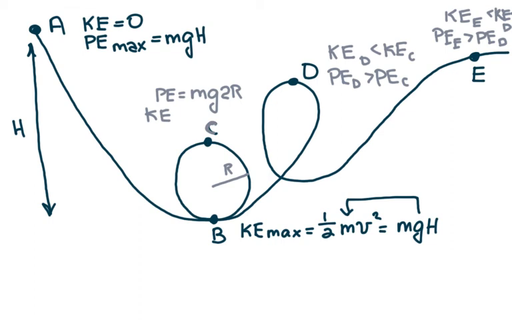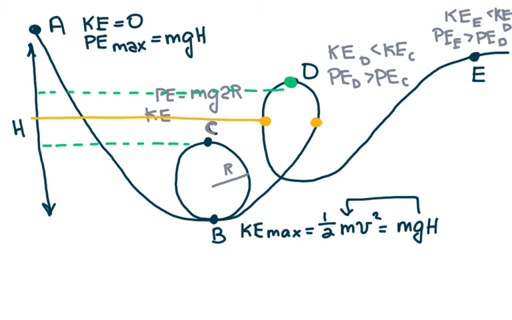And if they ask you at which of these points the kinetic energy is closest to the potential energy, I see that D is maybe like 75%, and C is maybe 25% of the potential energy. So the point somewhere in between C and D would have potential energy equal to the kinetic energy.